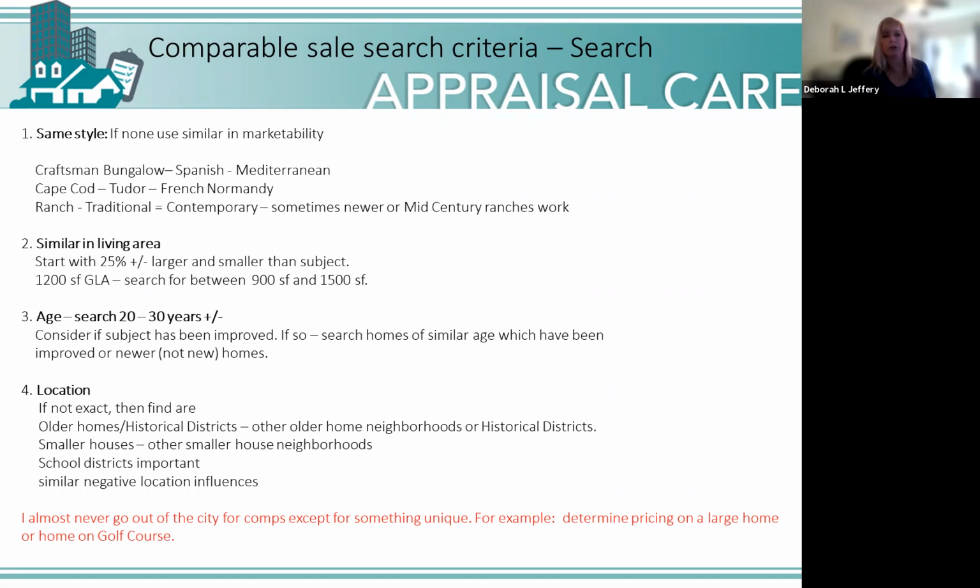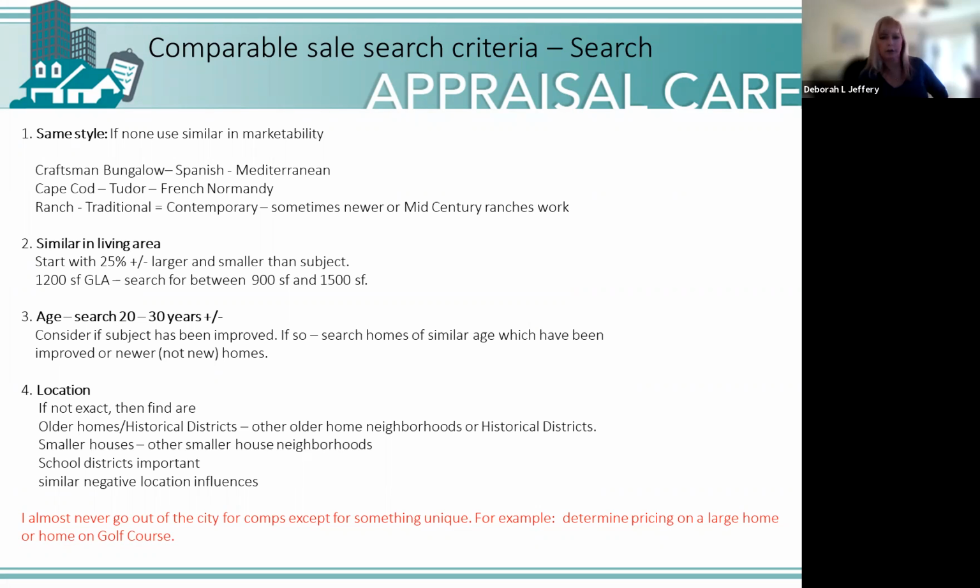I'll definitely want to make sure I can get some craftsman bungalow comps. But if I have to throw in some of these other styles because maybe they have some other feature of the property that I'm appraising, then that's okay too, as long as it's comparable, as long as it's something that particular buyer would also consider.